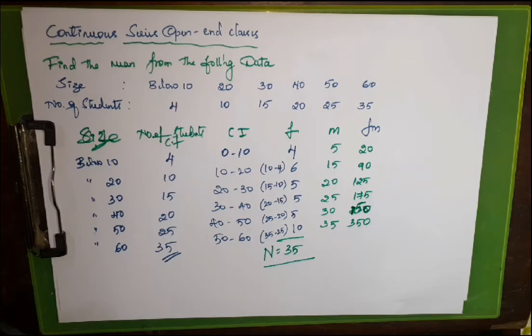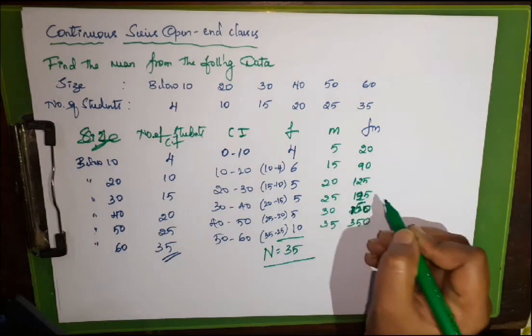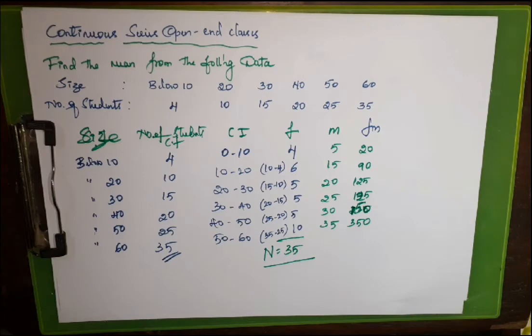Okay, so 5 into 25, 125. 5 into 20 is 100. Then 6 into 15 is 90 and 4 into 5 is 20.